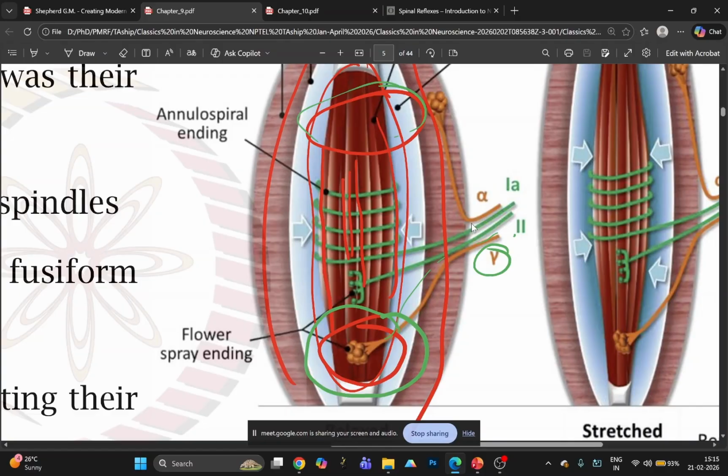That way, the spinal cord gets to know that whenever there is a muscle contraction, how much stretch is happening in that particular muscle. So both pieces of information are delivered: that there is muscle contraction at that point in time, and also this much amount of stretch and this much speed of stretch.